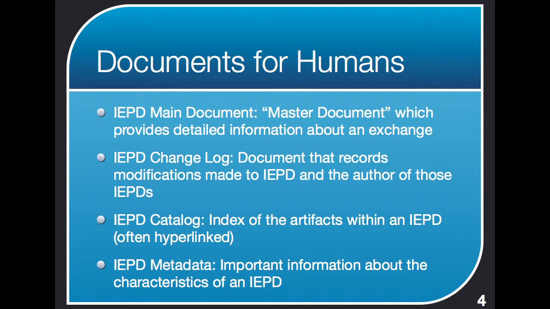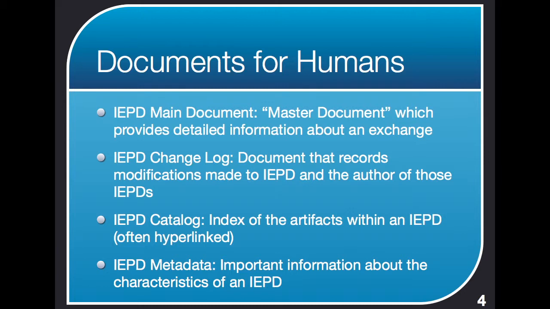There's an IEPD changelog to document modifications made to the IEPD and the authors of those changes so that you can go back, see what's changed, see what version you're currently looking at. There's an IEPD catalog, an index of the different artifacts within the IEPD, including the human readable ones, including the computer readable ones, often hyperlinked.